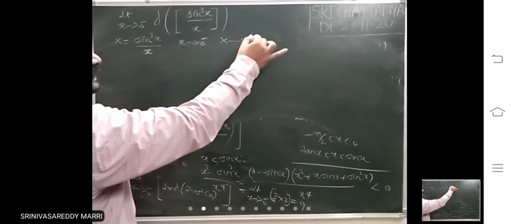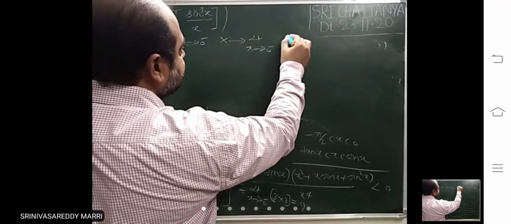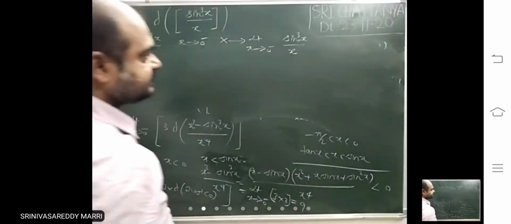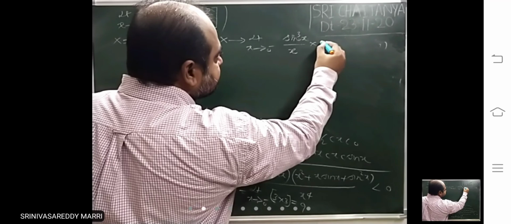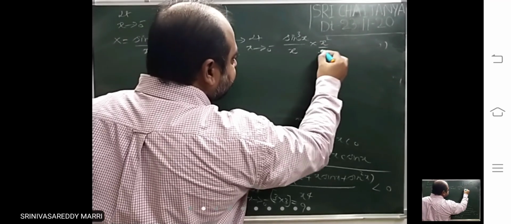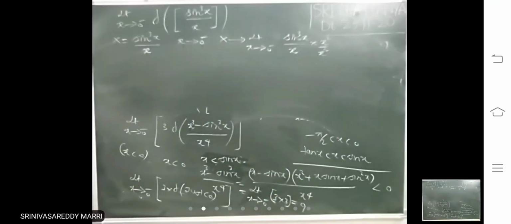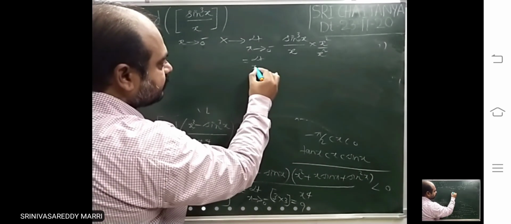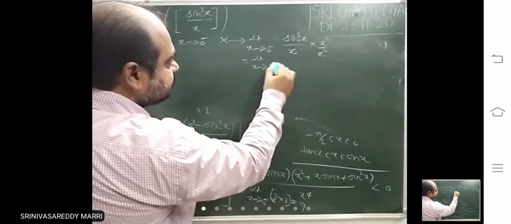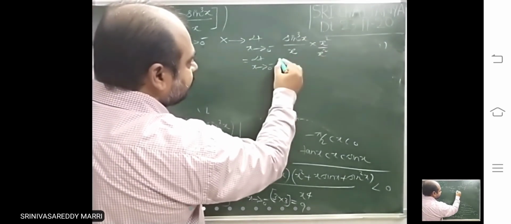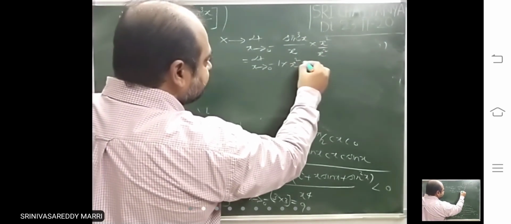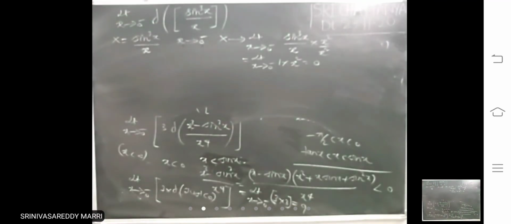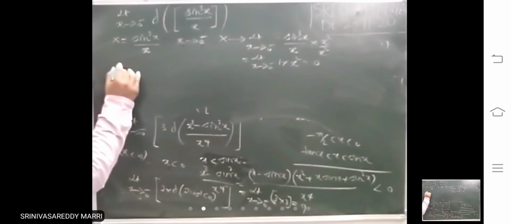That is limit x tends to 0 minus sine cube x by x. I am multiplying and dividing it by x square. So this is limit x tends to 0 minus sine cube x by x cube into x square, that will tend to 0.